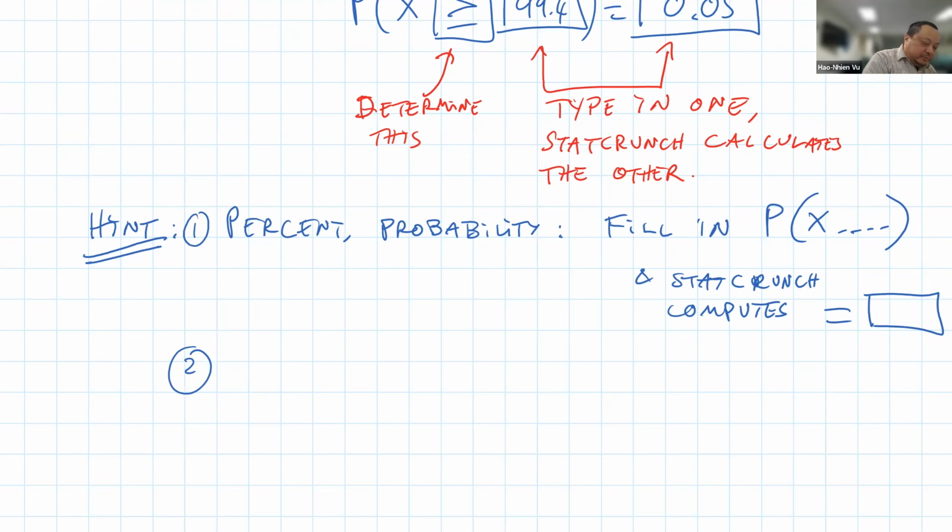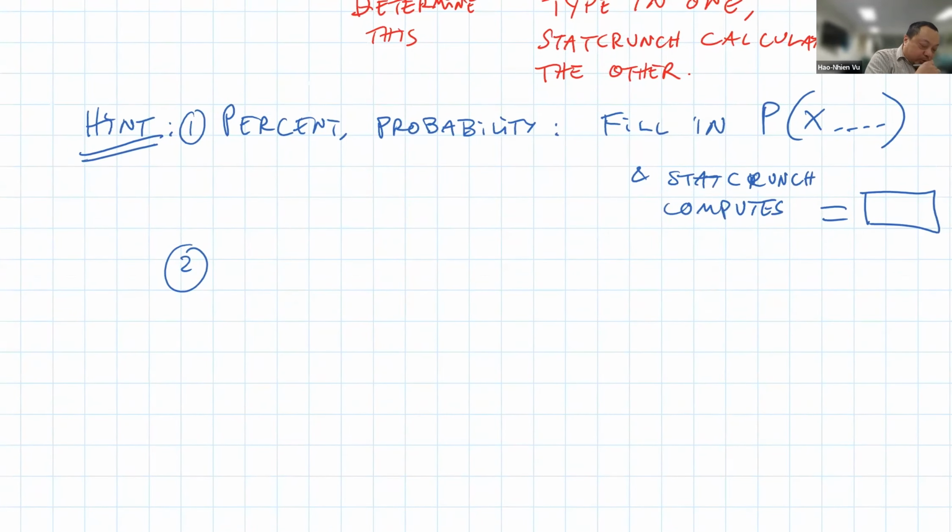Whereas if you ask for the cutoff, if they use the word percent, if they use the word probability, ask for.